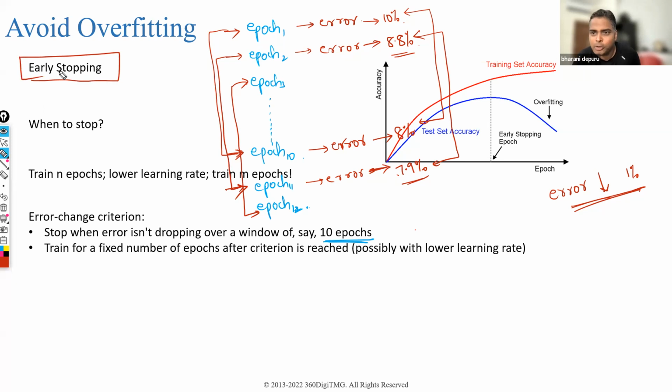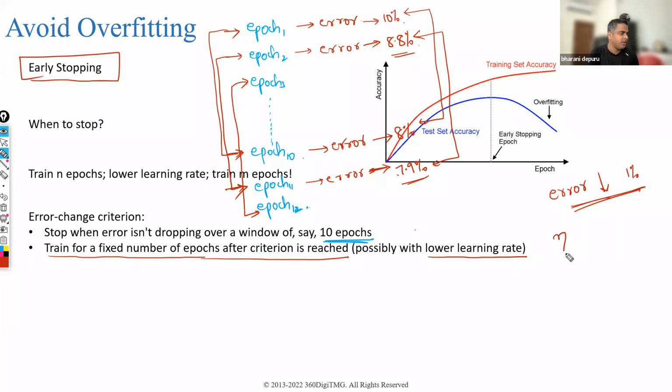But usually what people also do is, if the error change in the window of 10 epochs is less than 1%, then you train for a fixed number of epochs after this criterion is reached by lowering the learning rate.